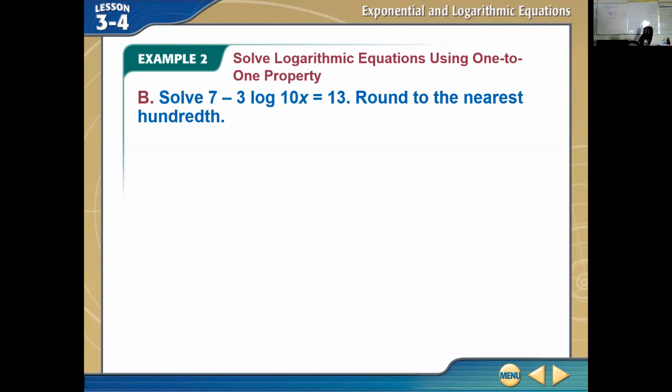Okay, so in this case, remember I have the base of 10. It doesn't really help me much. So I'm going to exponentiate: 10 to the power log of 10x is equal to 10 squared.